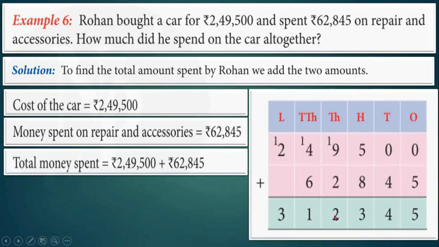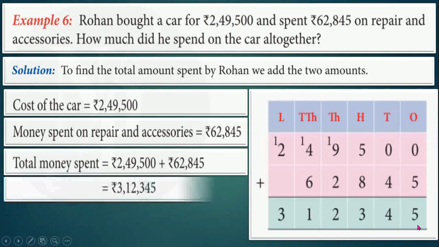So we write 2 here, 1 is carried forward to the next place. 1 plus 4 is 5 and 5 plus 6 is 11. 1 is written here, 1 is carried to the next place. And 1 plus 2 is 3. So the sum is 3,12,345.